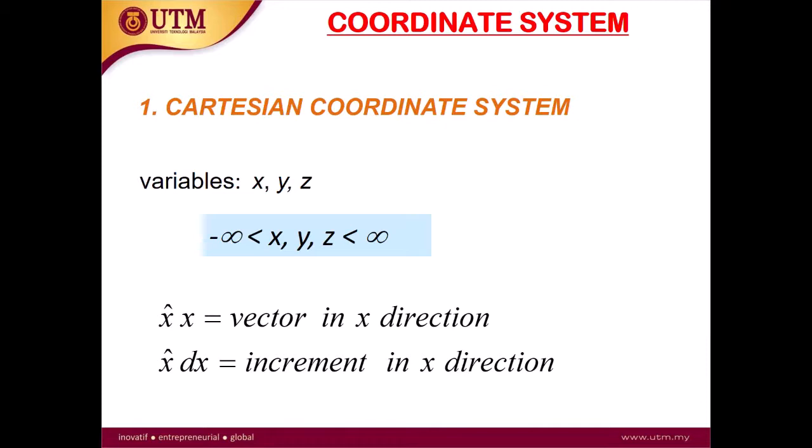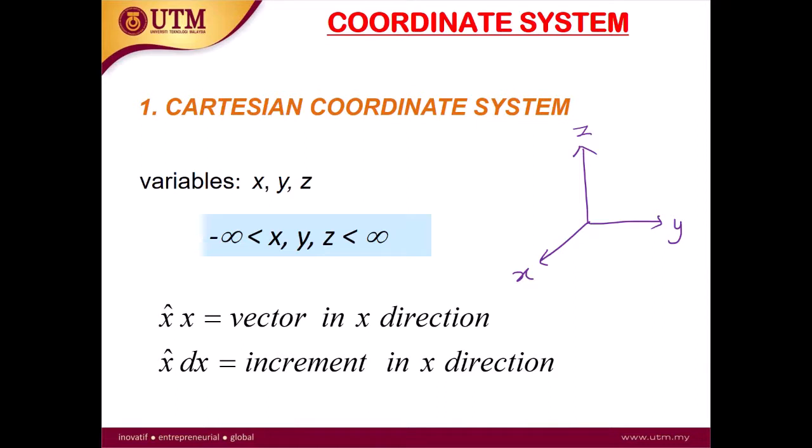As I mentioned in the previous part, the Cartesian coordinate involves the x, y, and z variables. Let's say you have three different axes. Normally we set the x axis here, y axis here, and z axis here, but it can be changed. It depends on the equation.